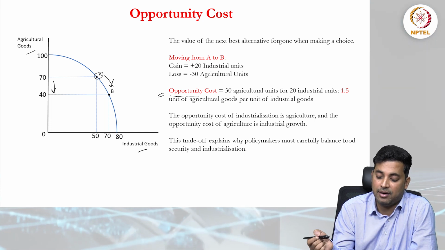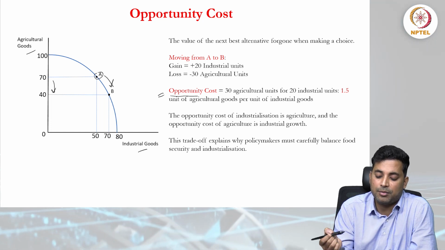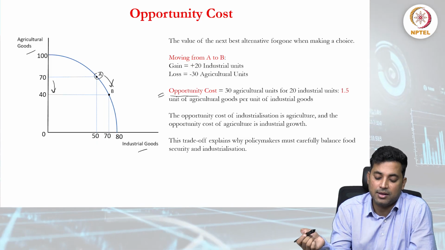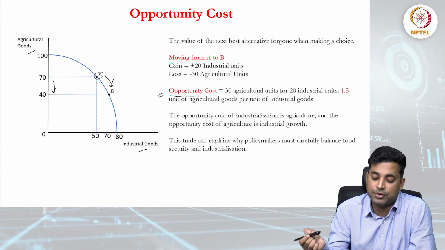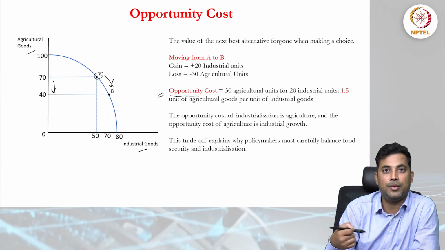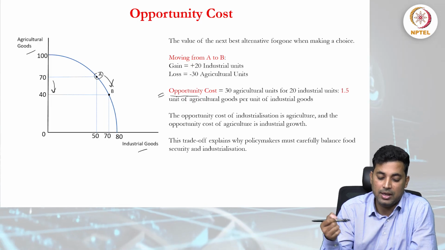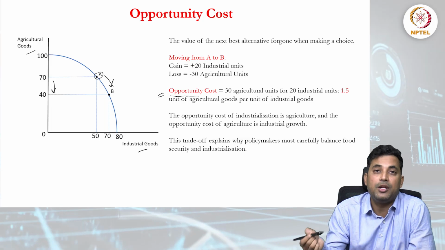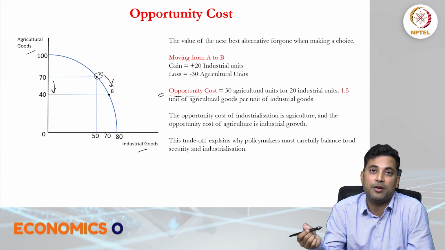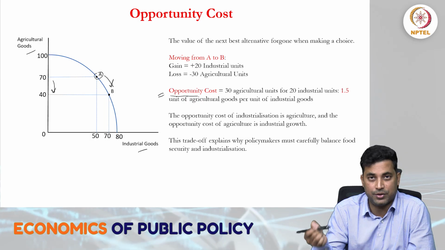So that is how we get it: 1.5 units of agricultural goods per unit of industrial goods. That is how we calculate what is foregone. In order to produce 1 unit of additional industrial goods, we have to give up 1.5 units of agricultural goods.